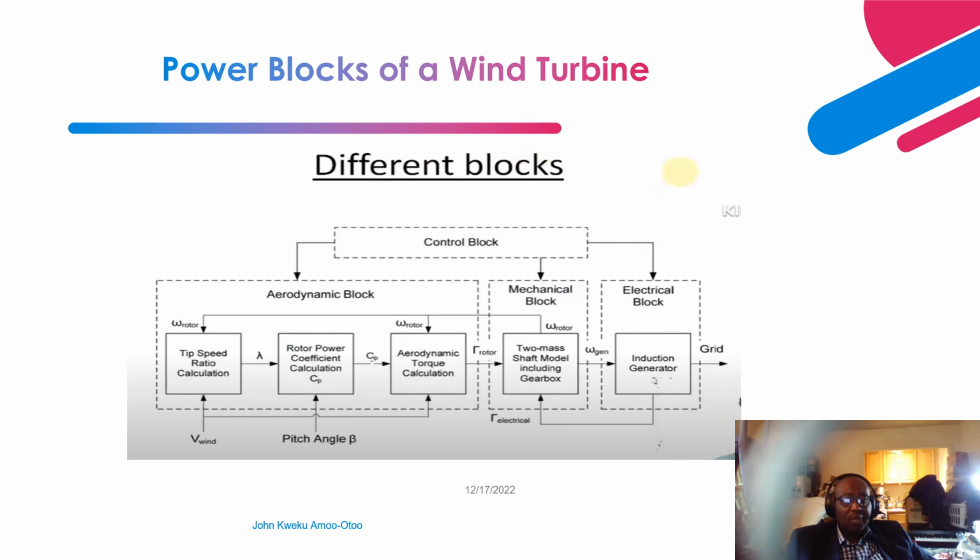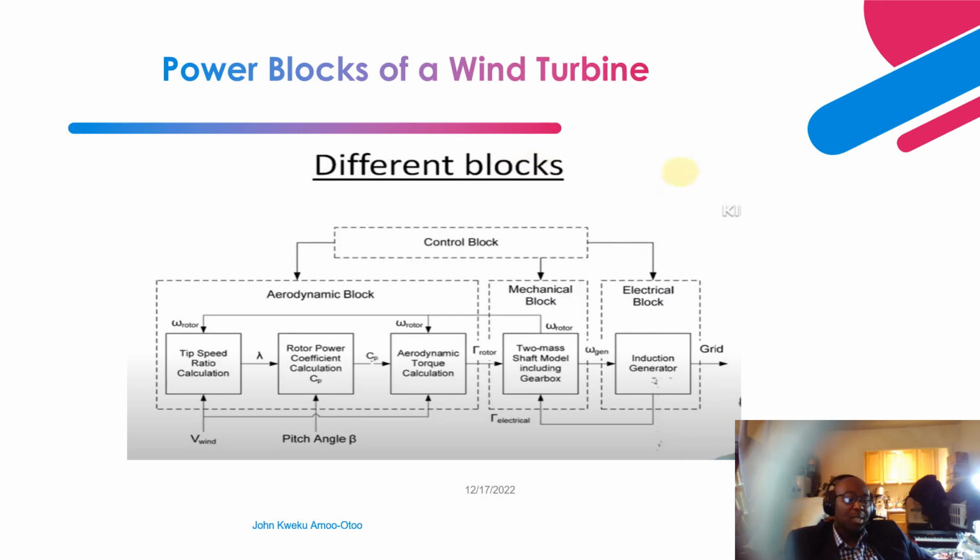Now let's talk about the different control blocks, the power blocks, of the wind turbine. There is the aerodynamic block, the mechanical block and the electrical block. The aerodynamic block is the blade section, operating in aerodynamic mode just like an airplane, with the wind speed coming in as an input.